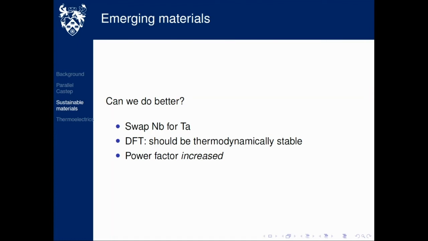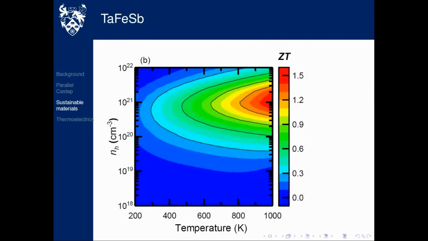So this was immediately quite interesting, but the real thing that we're interested in is the figure of merit ZT. So we did exactly the same as we did for the niobium compound. We looked at what ZT was going to be, and we found that the ZT had gone up considerably. We get a ZT of around about 1.5.